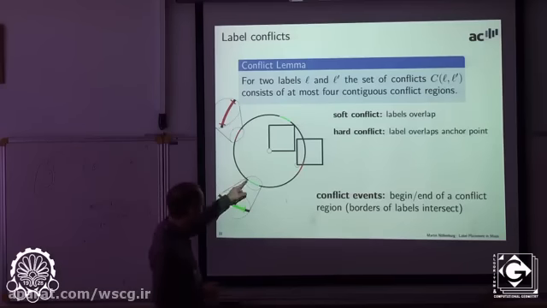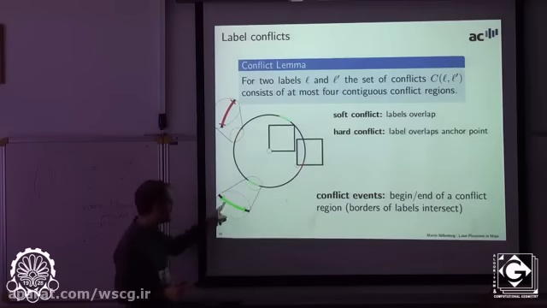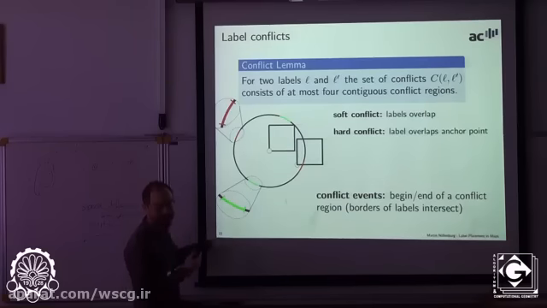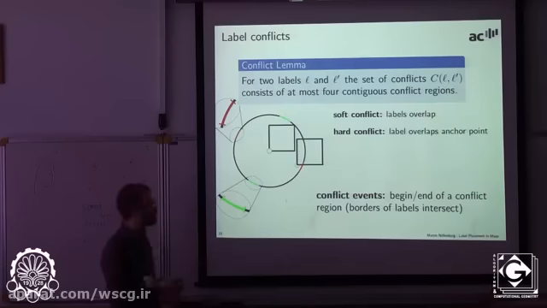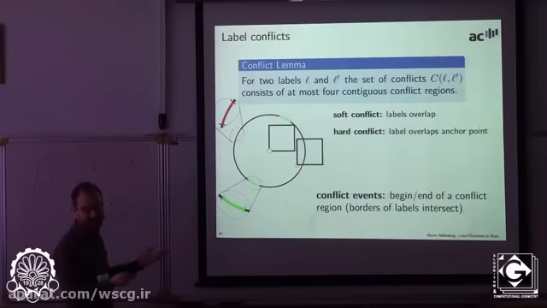Then we can also, because we will use a potentially discretized version of assigning these ranges, speak of events when some conflict occurs for the first time, and an event when the conflict appears for the last time, and then if you rotate a little epsilon, it will be independent. So these will give us rotation angles for which something needs to change.